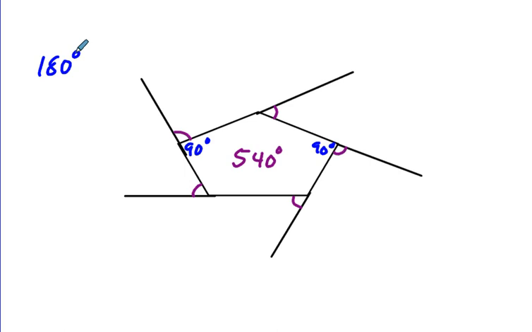This one looks like it's about 150 degrees. If I add 180 plus 150, that gives me 330 degrees. That leaves about 170 degrees for these last two. If we take 170 divided by 2, that's about 85 degrees for these.